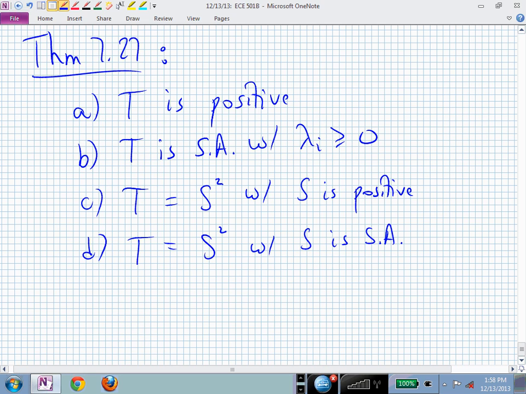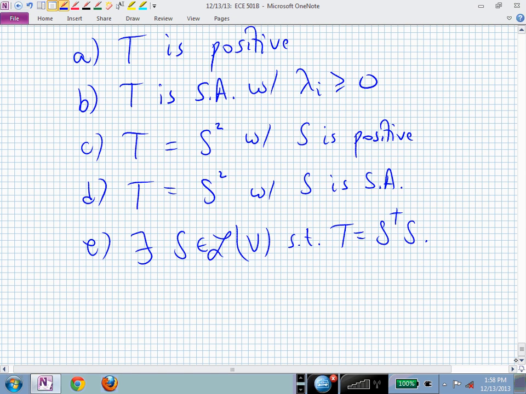And if somebody gives us a linear map, T, and they say it's positive, then we know there exists an S, another linear map, such that T can be factored as the adjoint of S times S. That's a positive operator.